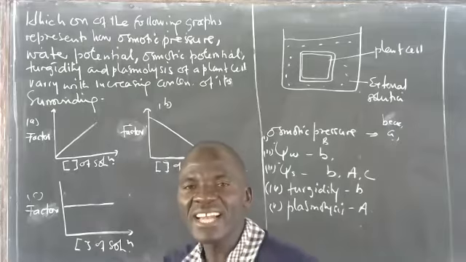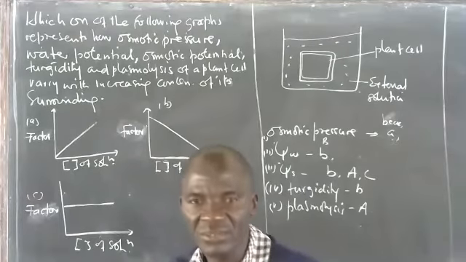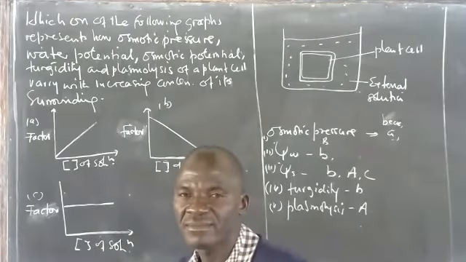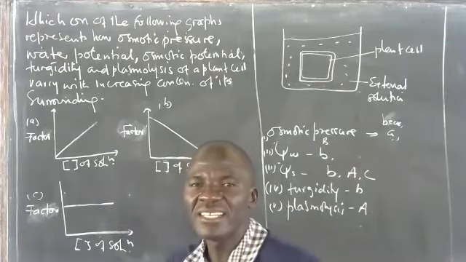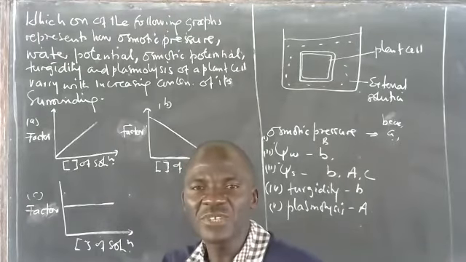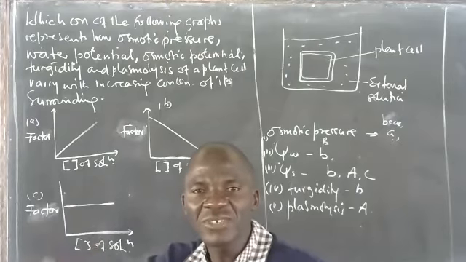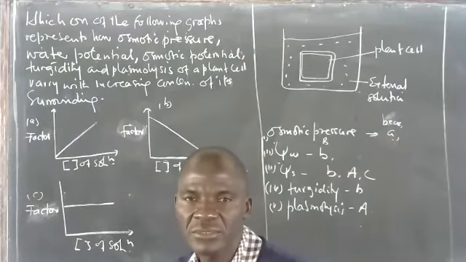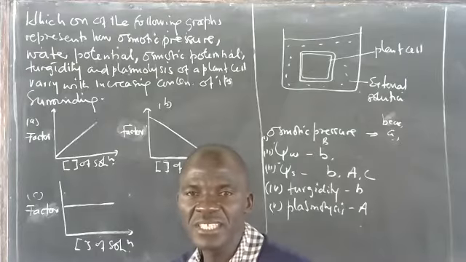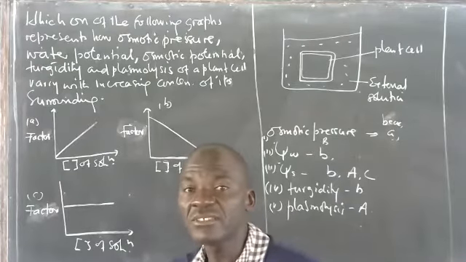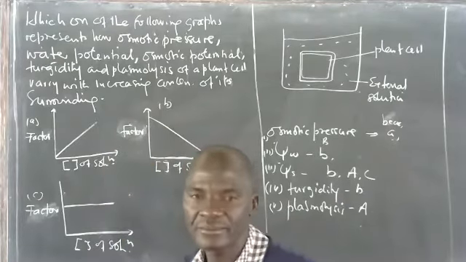But a dilute solution or a cell which has too much water, then the tendency for that water to move by osmosis is very high, and that would mean its solute potential is very high.